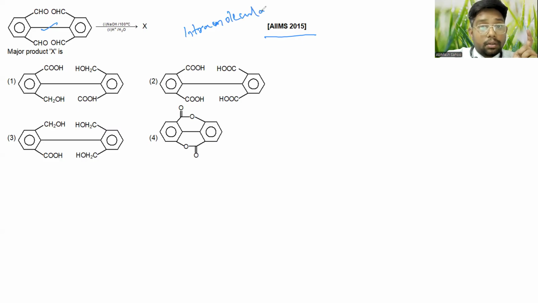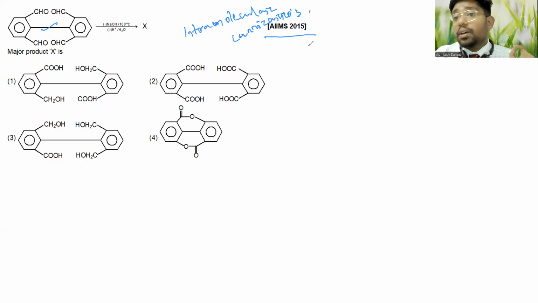So here what will happen? The same thing. Aldehyde will be disproportionated into two products. One will be acid, another one will be alcohol.